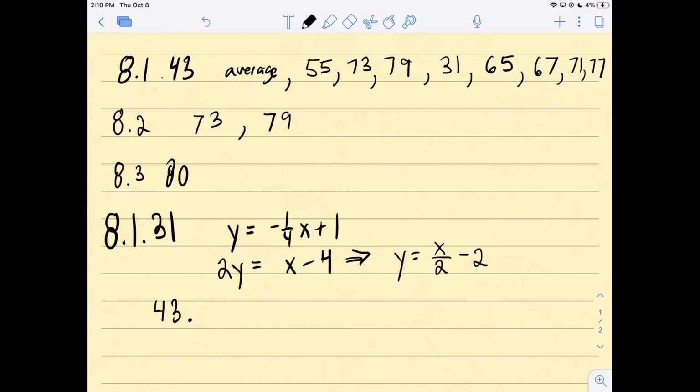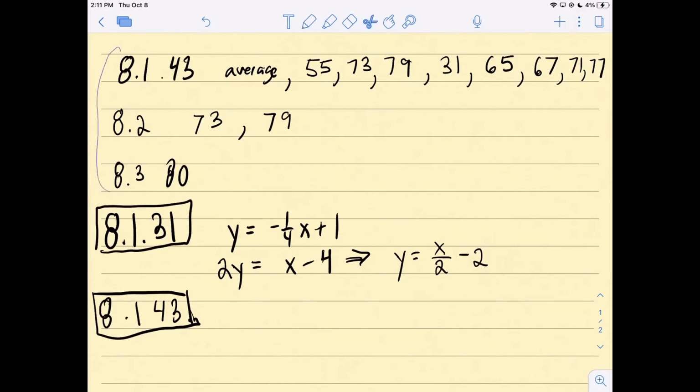So this is number 43. So this is 8.143. Make this smaller.